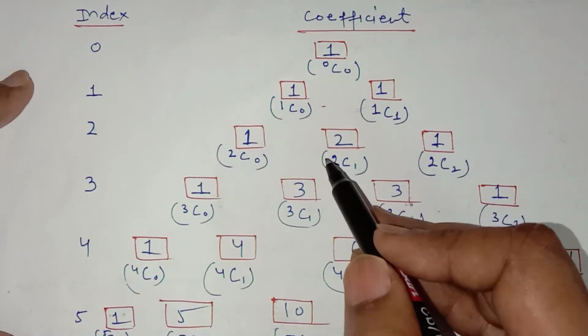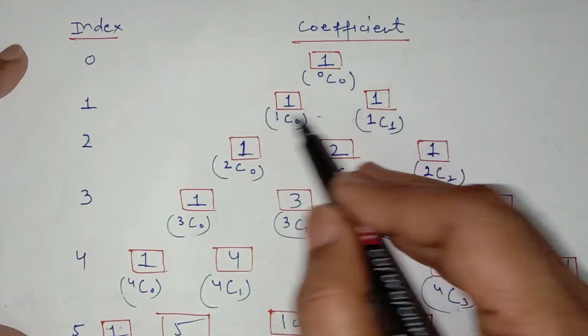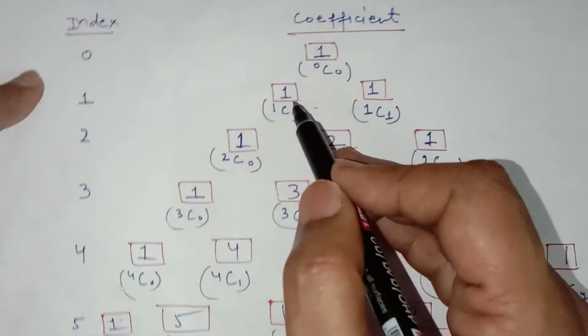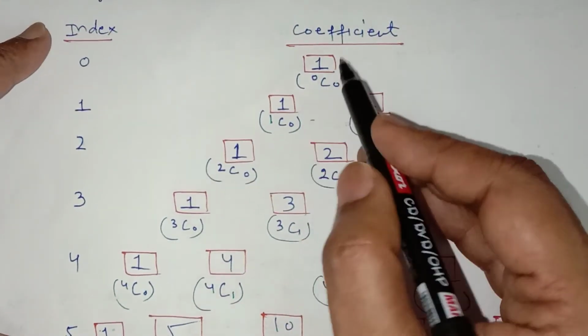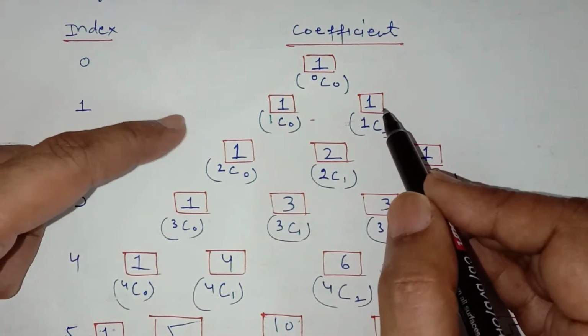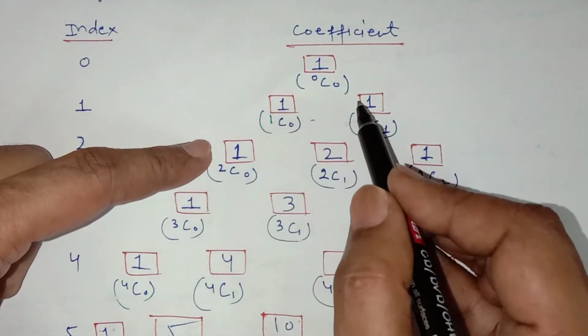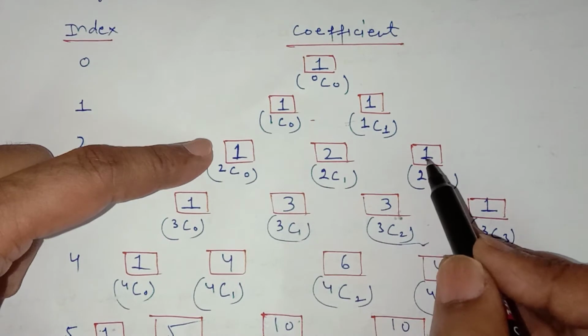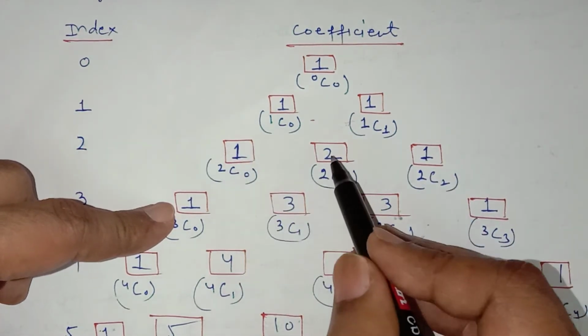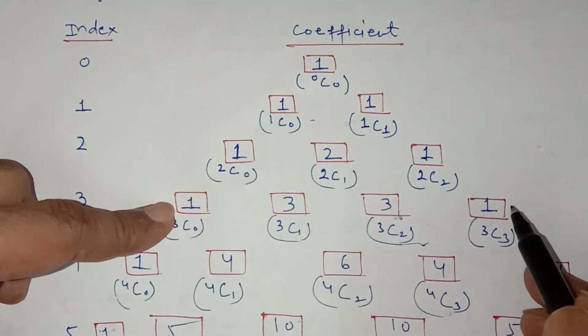Now how are we getting these coefficients? This shape comes out to be a triangle, and it is known as the Pascal triangle. How is it obtained? It is 1, then write 1 and 1. Then you put 1 plus 1, which is 2, and 1 at the end. Similarly here 1 plus 2 is 3, 2 plus 1 is 3, and 1 at the end.